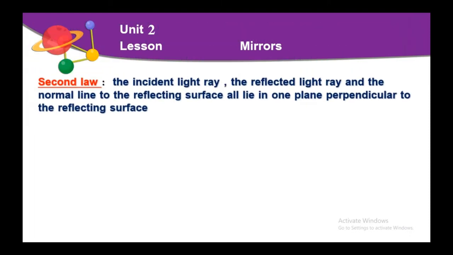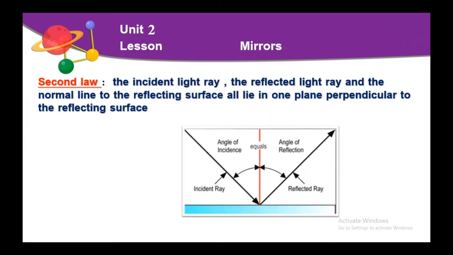Second law: the incident light ray, reflected light ray, and the normal line to the reflecting surface all lie in one plane perpendicular to the reflecting surface. This means that the incident light ray, reflected light ray, and the normal all lie vertical on the reflecting surface in the vertical direction. Yes.